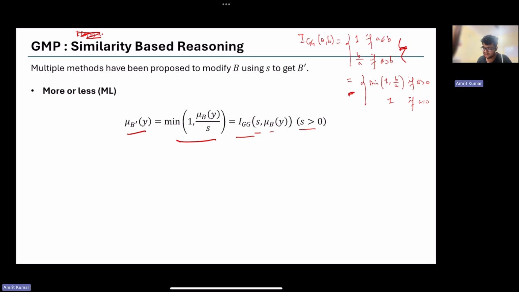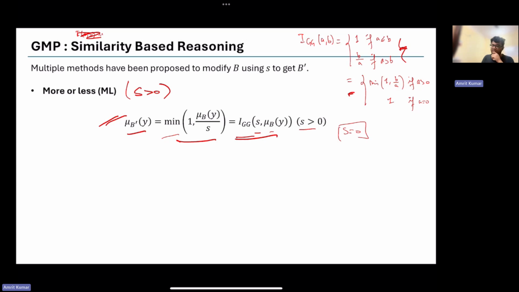If S is actually equal to 0, then we won't consider this more or less way of obtaining B dash, right? So this holds when the similarity value S is greater than 0. Okay. Anyways, this is how the formula for mu B dash is given, and we make the observation that it is nothing but the Goguen implication at S comma mu B of y.